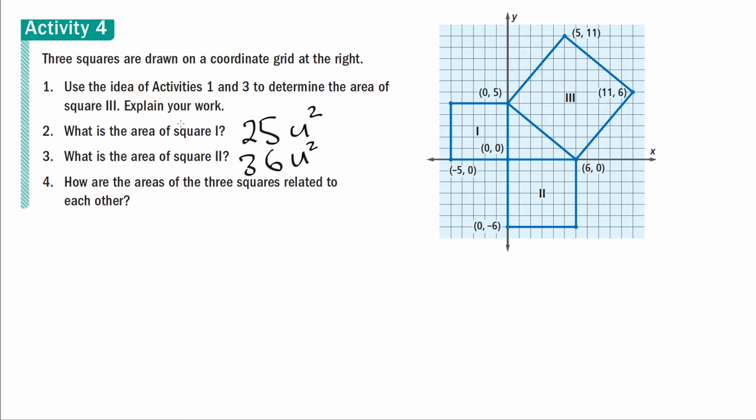And if that's true, well, let's see, I need to go back and do number 1. I jumped ahead. Use the idea of 1 and 3 to determine. So I need to know what the area of this triangle is so I can subtract it from this larger square. And this is going to be 1, 2, 3, 4, 5, 6, 7, 8, 9, 10, 11.